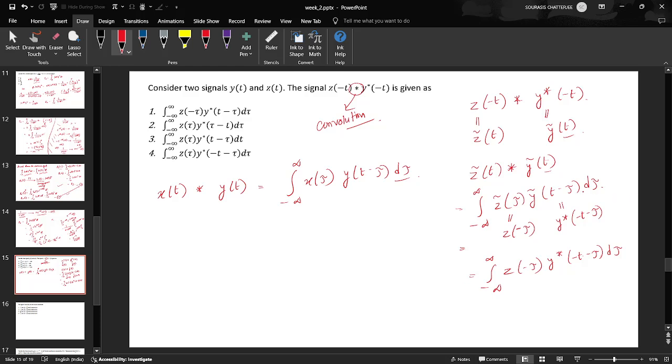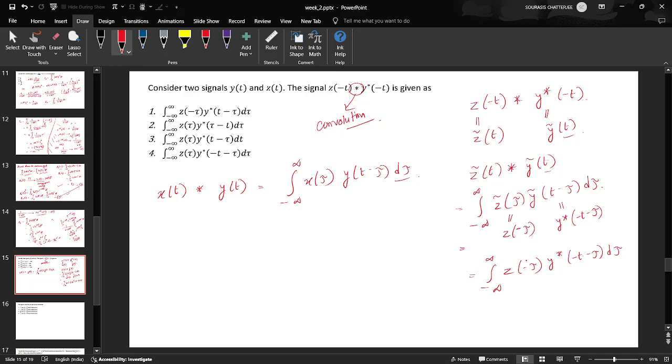Okay, this part is fine. Minus t minus tau, minus t minus tau here.